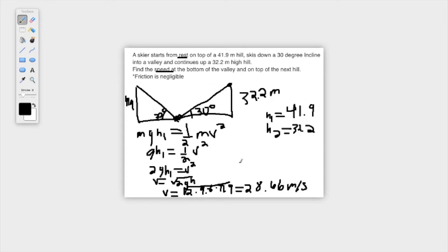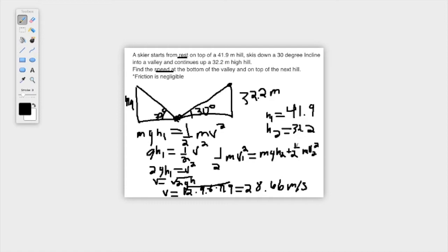So we could just take the kinetic energy at the bottom, so 1/2 m v1 squared, we'll call this, and then it'll equal mgh2, my bad, plus 1/2 m v2 squared. So this is what we're trying to find. We're trying to find v2.